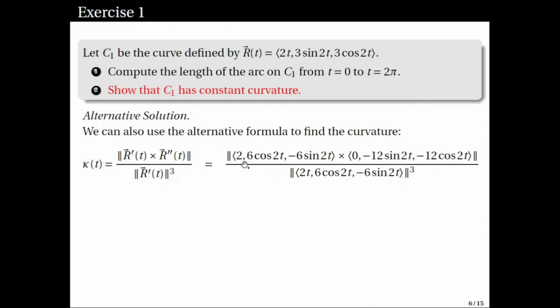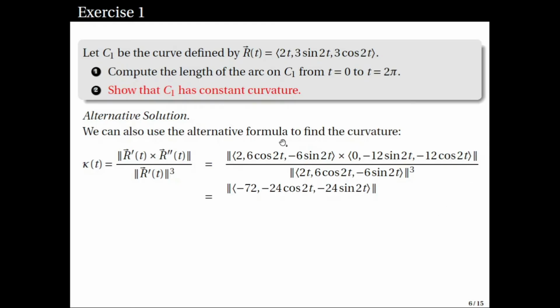So setting this up, you have this r prime. To get this r double prime, you just get the derivative of r prime. So you have 0 for the first component, negative 12 sine 2t for the second component, and negative 12 cosine 2t for the last component, divided by the norm of r prime of t cubed.